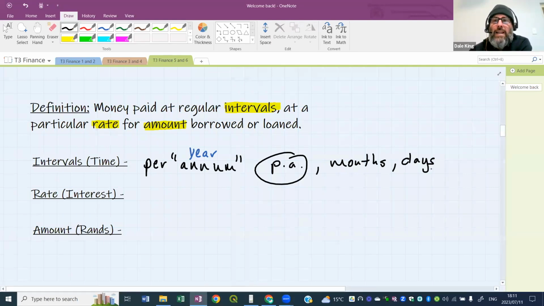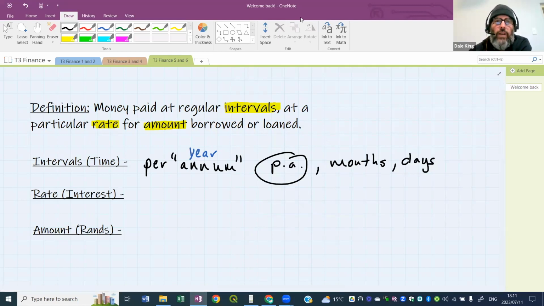You can also get daily interest calculations, so that we don't have to worry about how long you're loaning for or which day of the statement it is. We can also get interest applied daily. You can actually break up an interest rate into any time interval you want. But these three are the common ones: per annum, which is per year, monthly, and daily. So these are the time intervals that interest can be applied.